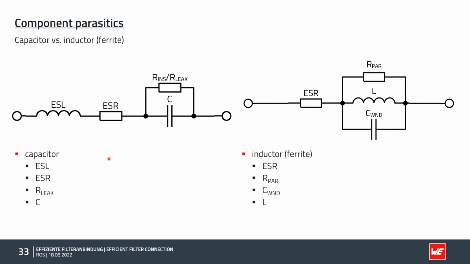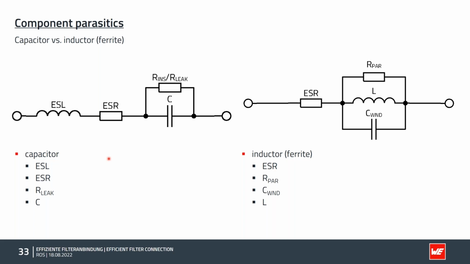Let us start with the parasitics of the important and commonly used components. On the left side, you can see the capacitor. We have the ESL of a capacitor caused by the contacts or the input lines.